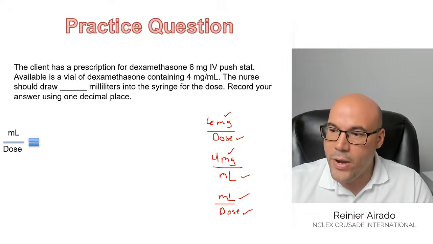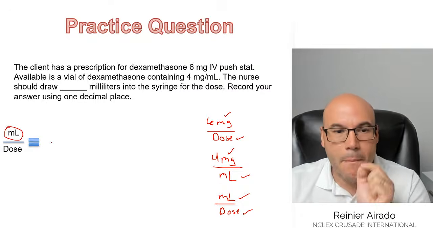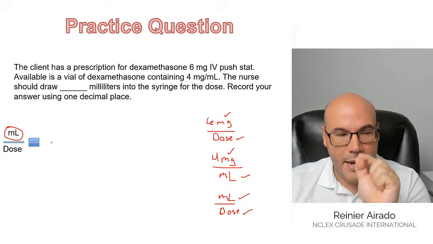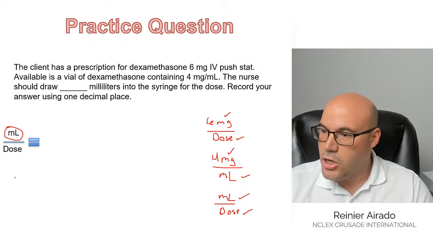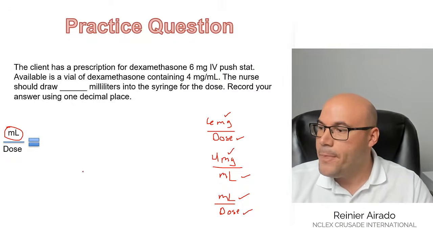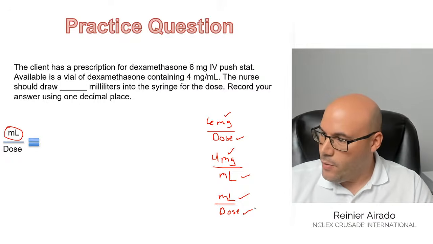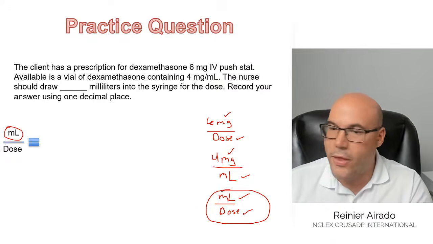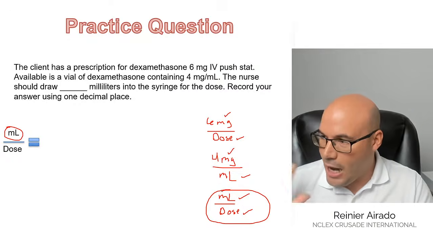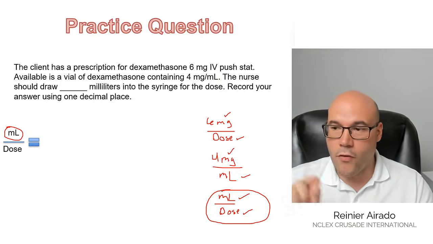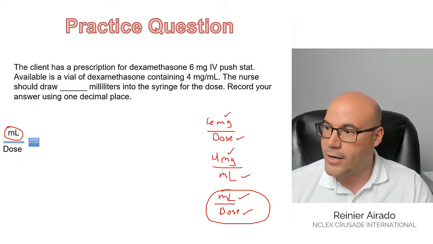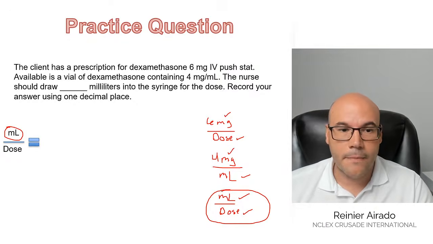As you can see, we have milliliters here. I need milliliters on the top in the first fraction. So I will find what information has milliliters. We used the question already. I'm going to circle it so I know that I don't have to use it again. Now I have 6 milligrams over dose. That's not the first fraction. And then we have 4 milligrams over milliliters.